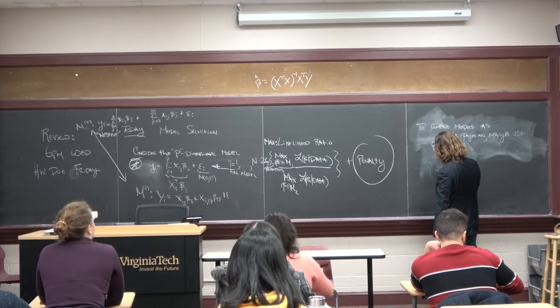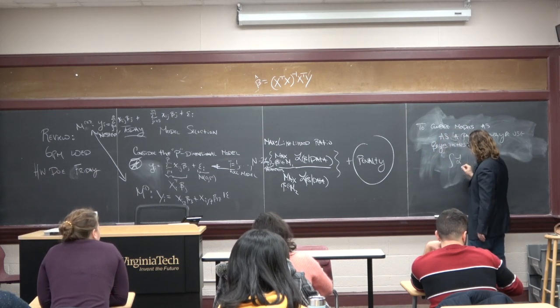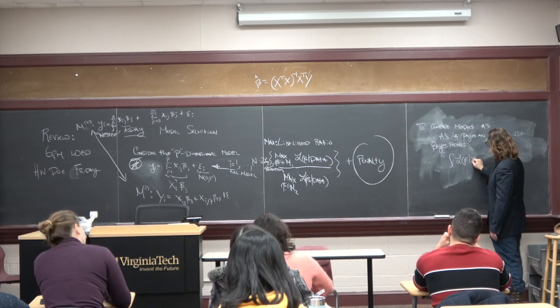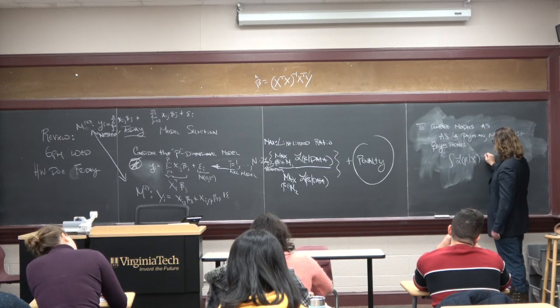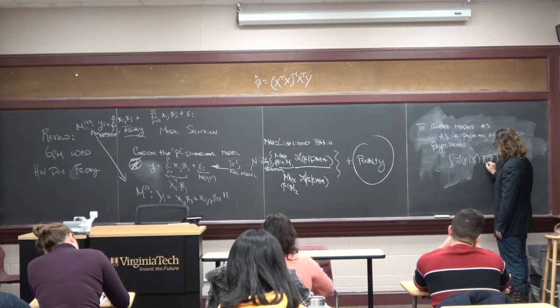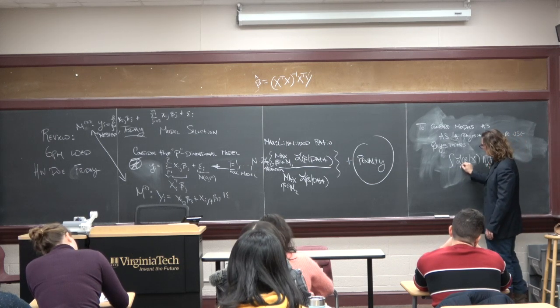So what does that thing look like? I integrate over this thing. I'm going to have some prior on my betas. I'm going to be specific about calling this model 1.